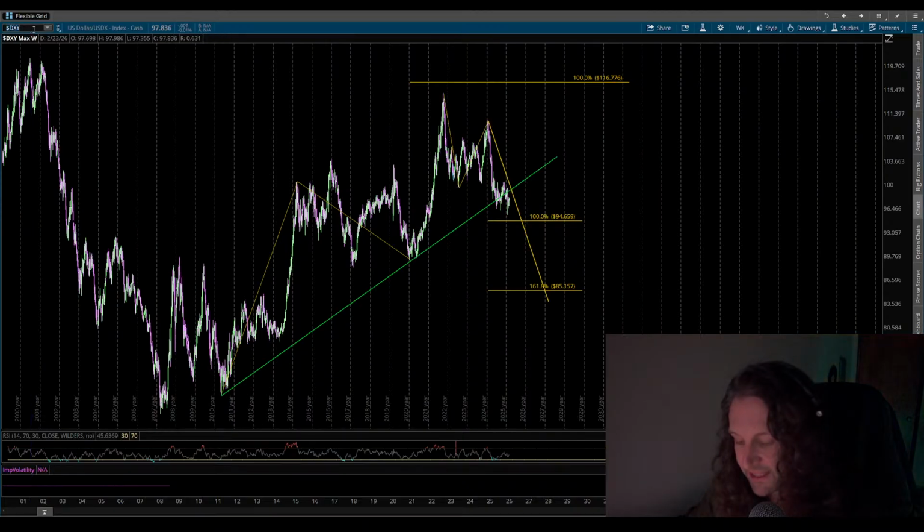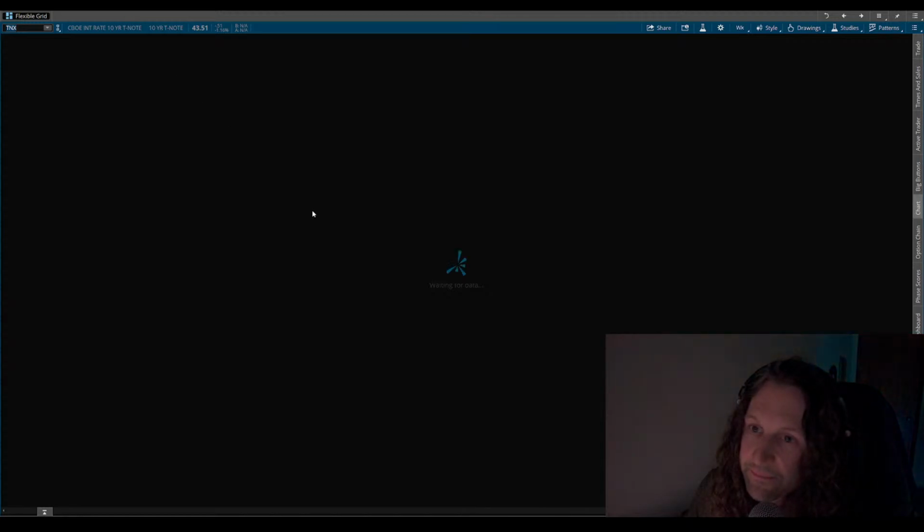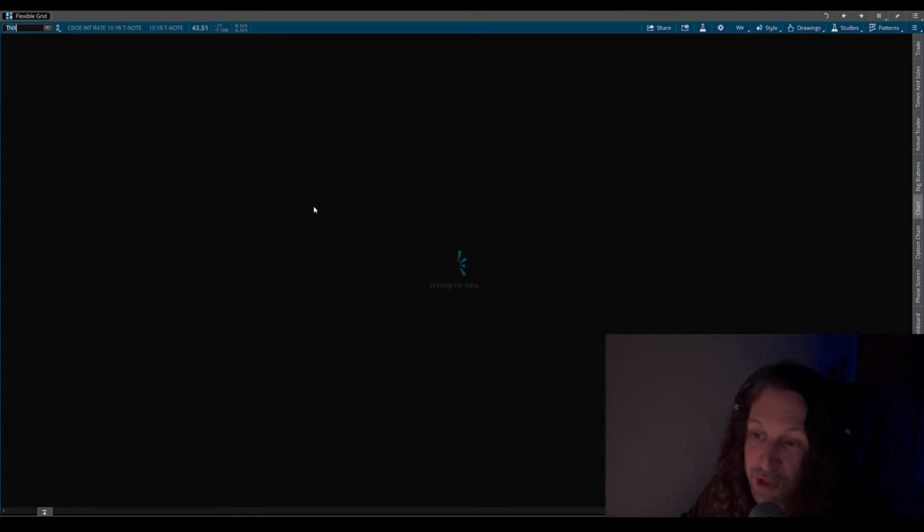Let's go look at TNX. TNX is the 10-year rate. Of course, a bond has a value and it has a rate, and so its maximum value, its maturity value, is known.